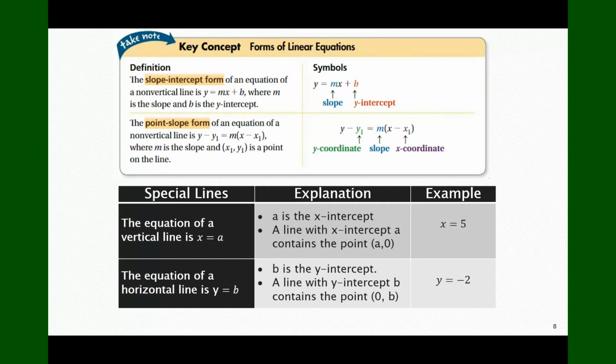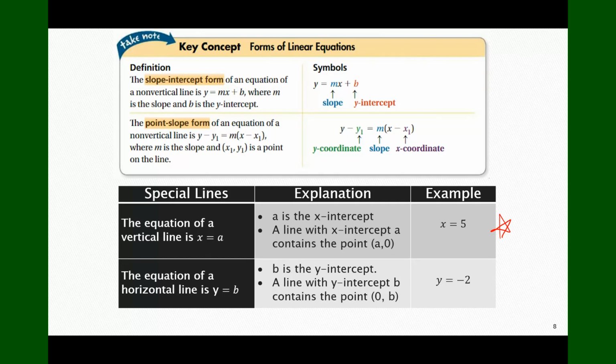I don't actually have to have the y-intercept. So it's a lot easier to use with different information. Okay, we're going to consider point slope sometimes the finished product. I'm not going to ask you to change everything into slope intercept form because I want you to get comfortable with point slope form.